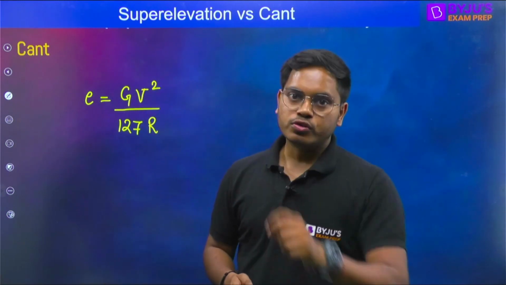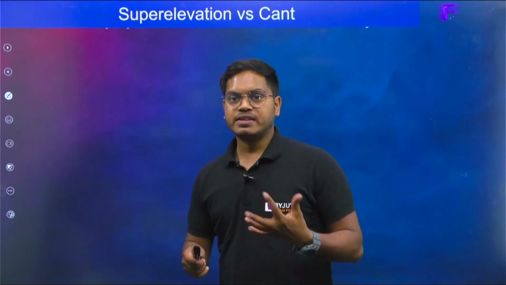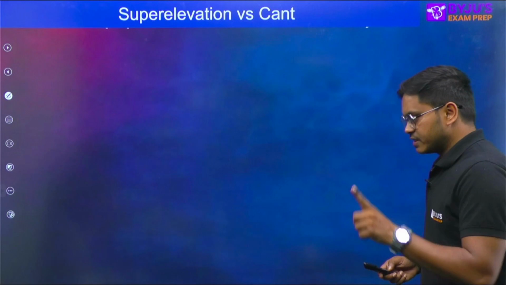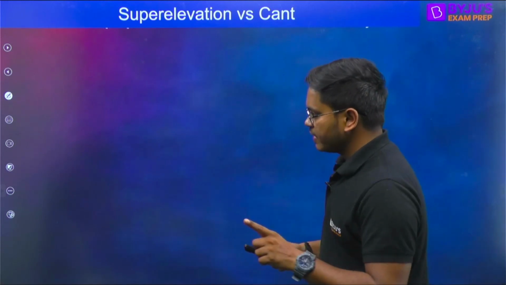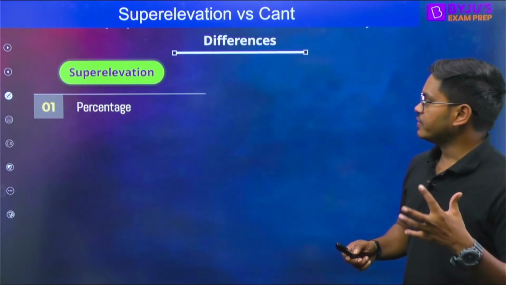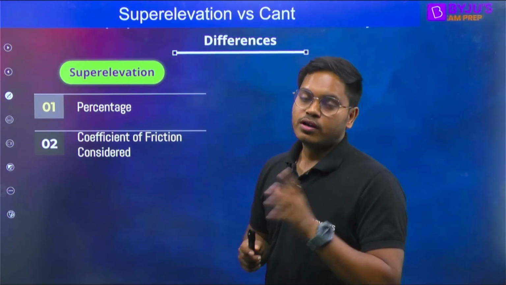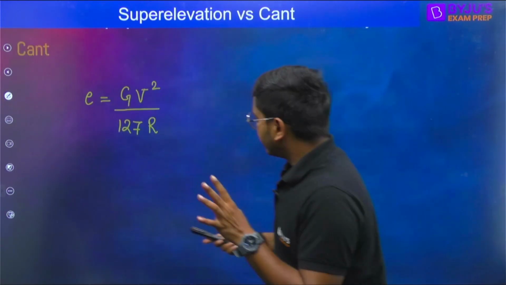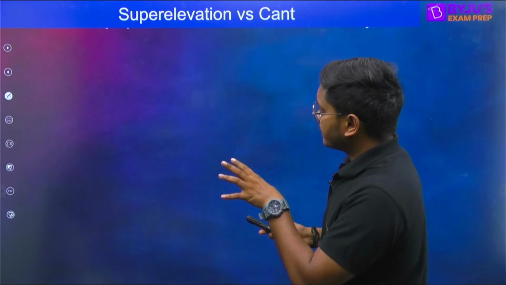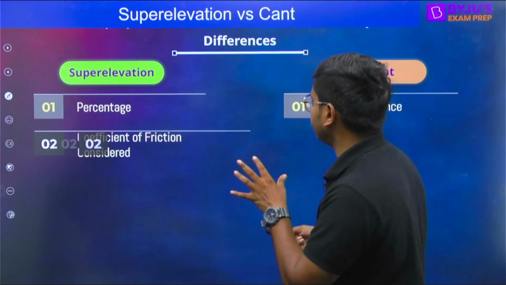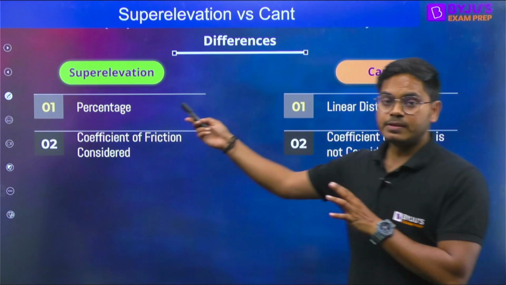Now let's move to the topic of the video, that is the basic difference between these two. So yes, there is this one very common misconception. If I just talk about super elevation, first of all, the super elevation in highway is basically in percentage, correct? That is in percentage.